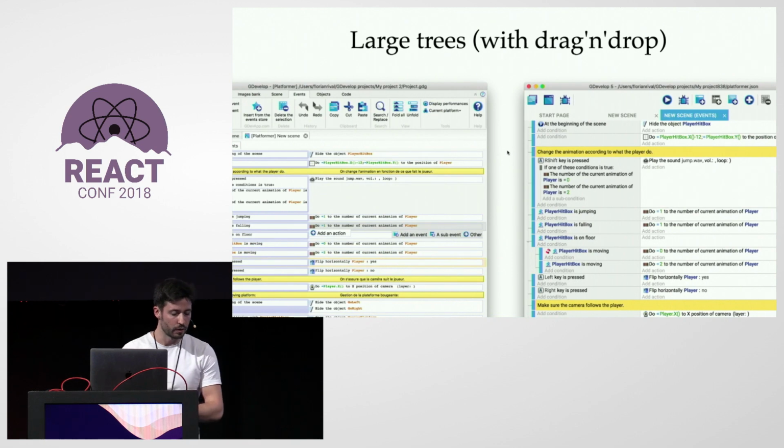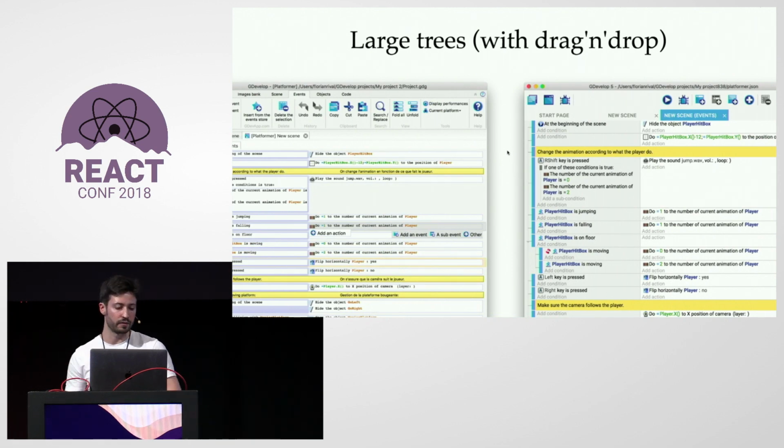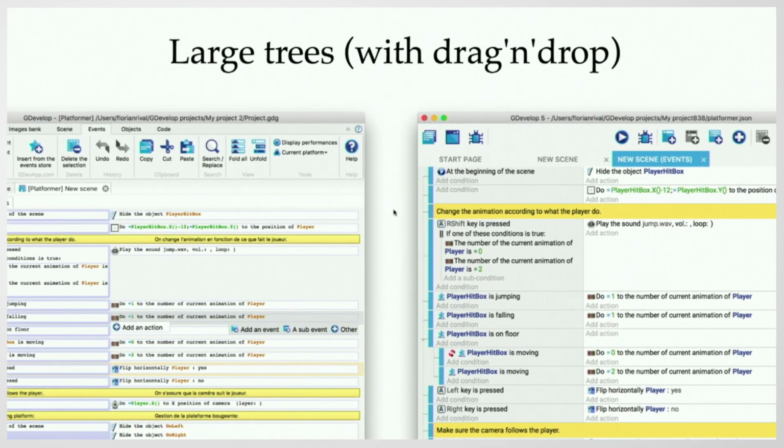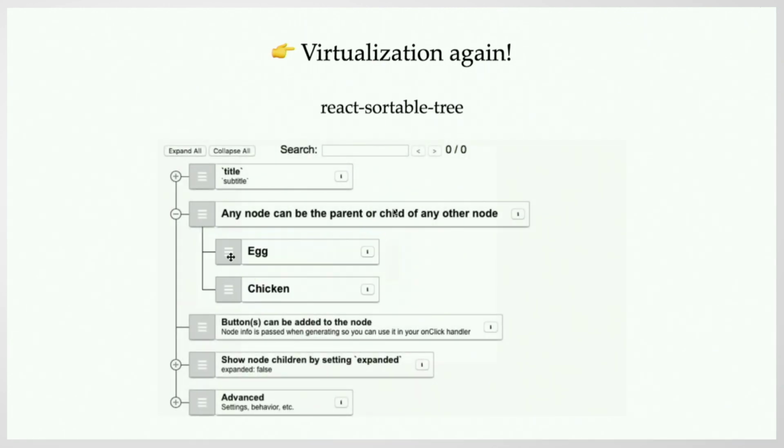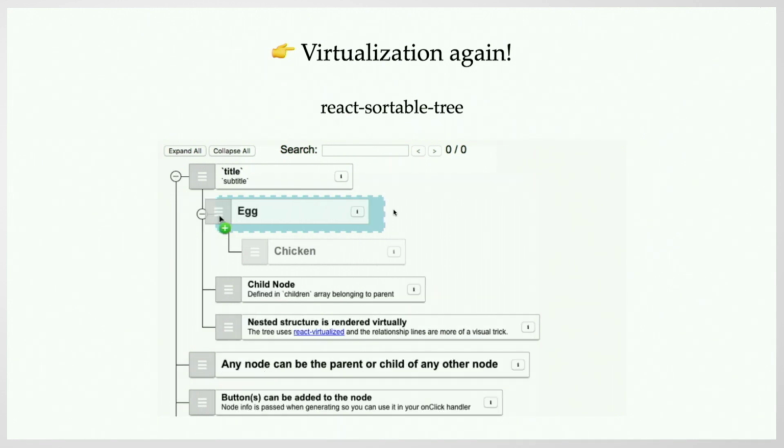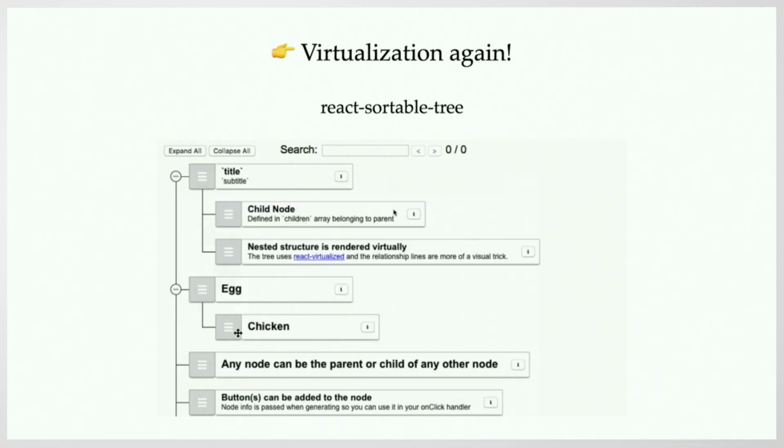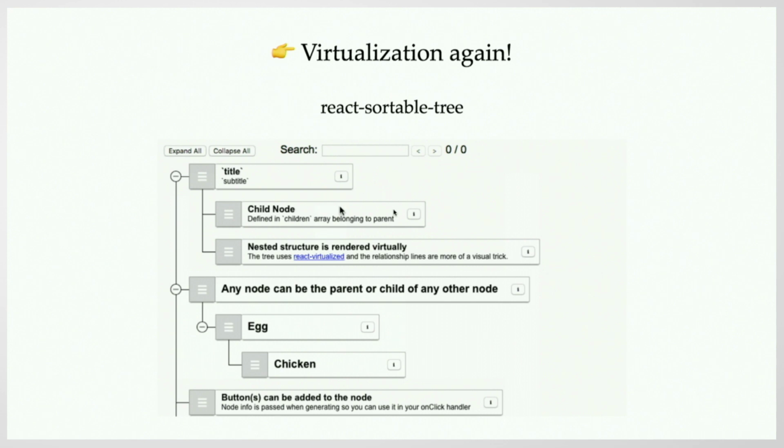Okay, next thing, we want to display large trees of information. In my case, it was these events that allow you to program in a way your game. So what I've done here is to use virtualization again, and this time using React Sortable Tree, which is also doing a really good job at making these complex trees of nodes.